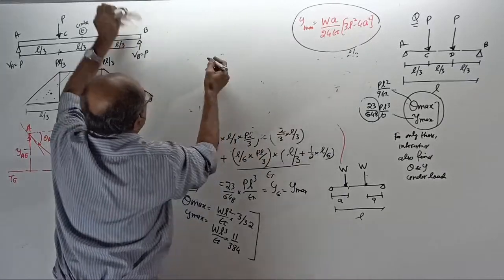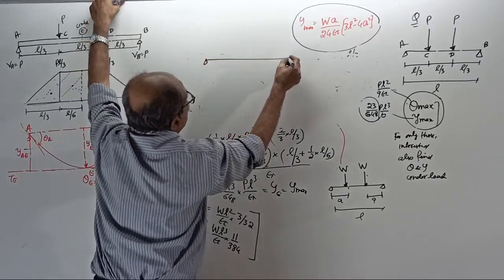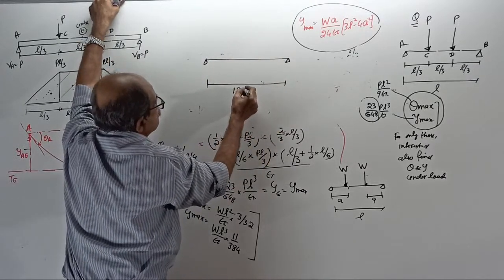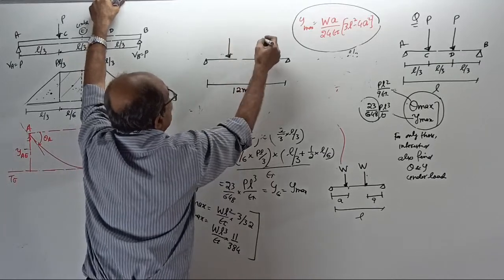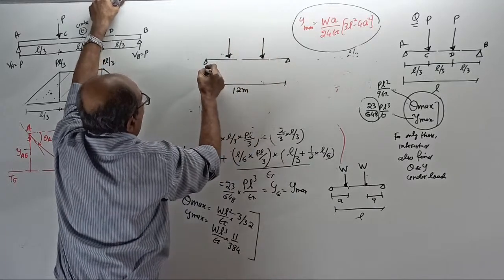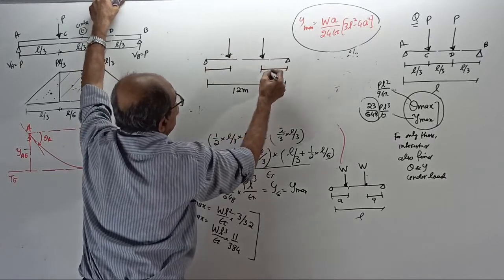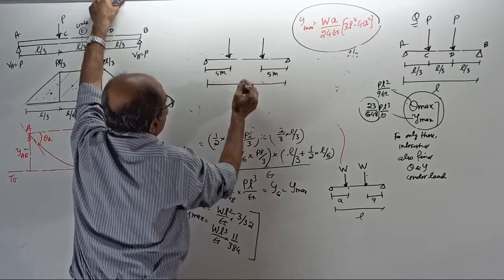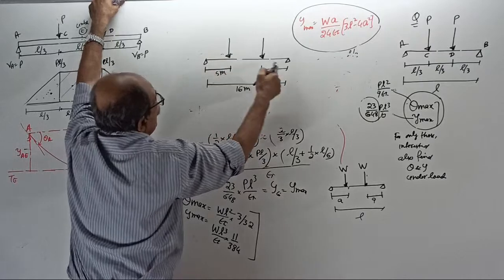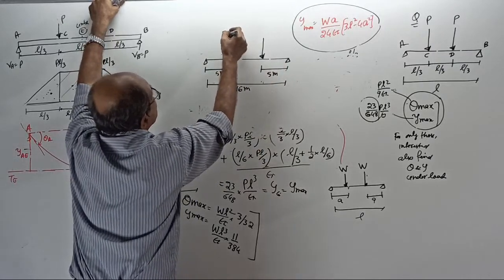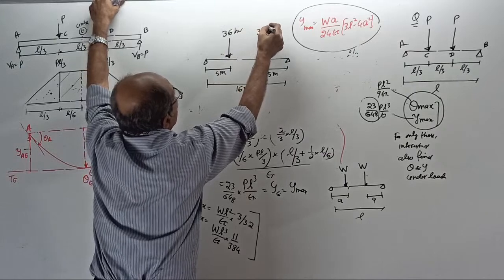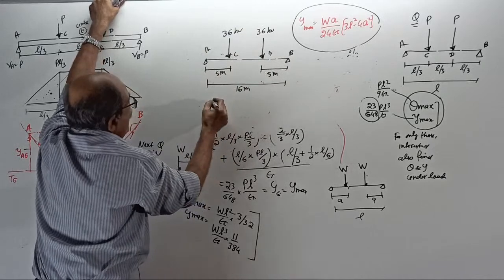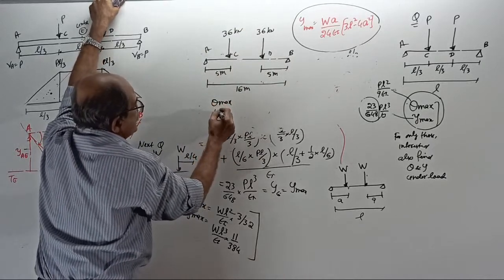A simply supported beam of span, say, 12 meter, subjected to two point loads, neither at L by 3 nor L by 4, at distances of 5 meter from the ends. Loads are 36 kilonewton and 36 kilonewton. A, B, C, D. The question is, find theta max and Y max.